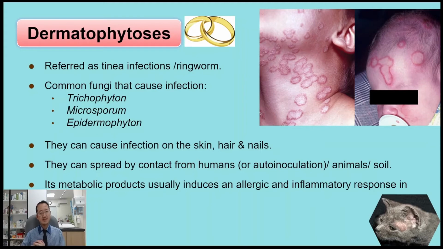For example, I may have fungus over the toes, so I scratch my toes, and then I touch my other body area, and I have fungus elsewhere as well. This is called auto-inoculation. So the source can be humans, animals, and the soil.